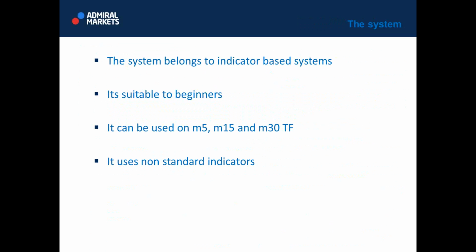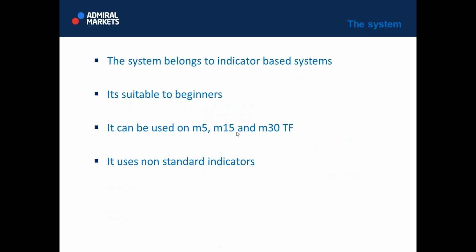When we talk about systems, I have told you many times before, we have different dimensions: price action, indicator, then a combination of price action and indicator, harmonic trading, range bar trading, point and figure, Renko, chaos. All of those dimensions are different, and all of those dimensions have different systems living there.